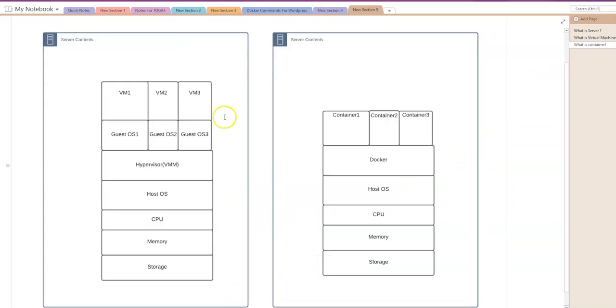What is a container? A typical physical server consists of, as you have seen in my previous videos, and I'm just touching upon it very briefly, storage, CPU and memory, and there is a host OS. On a virtual server, a full-fledged guest OS is also installed, and the interaction between this VM and the resources is managed through the hypervisor, which is taken care of by the VMM, which is nothing but a virtual machine monitor, and it's a hypervisor kind of layer actually.